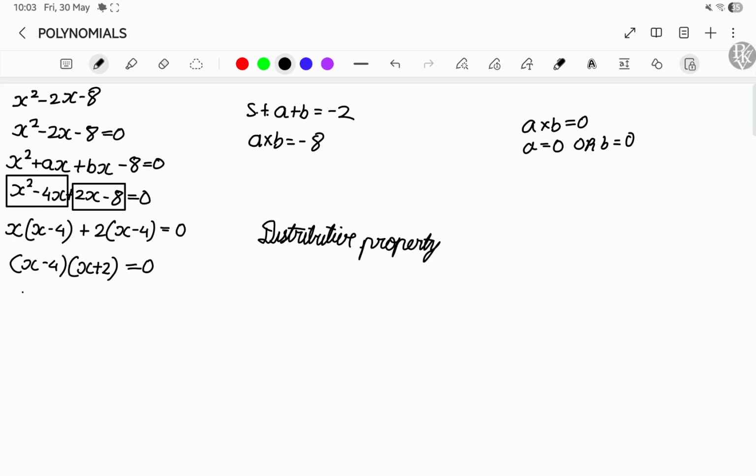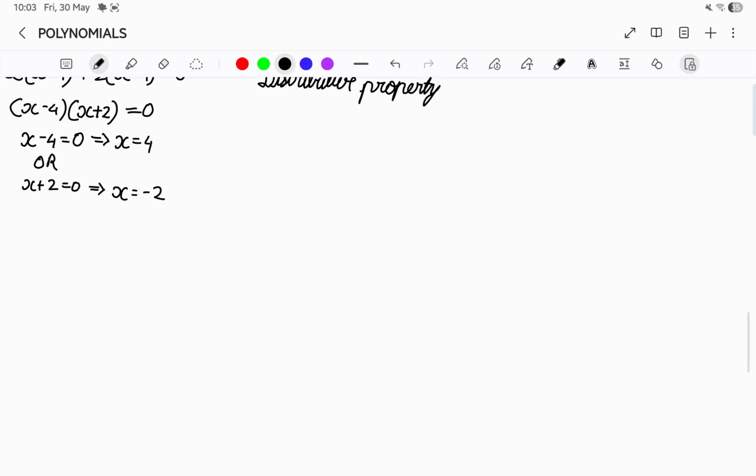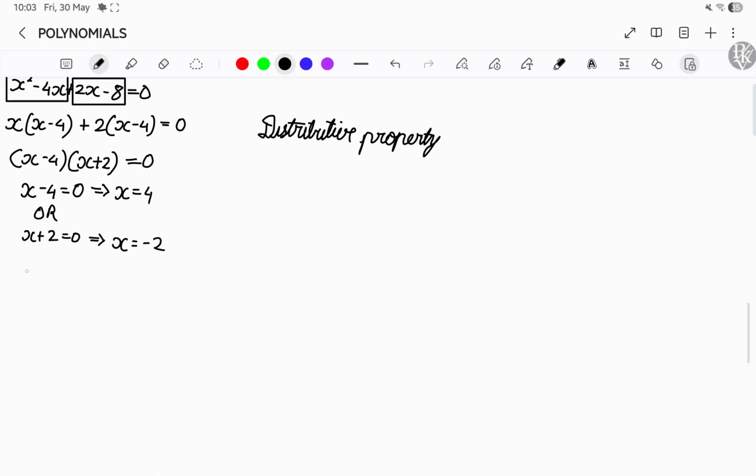Okay, so either x minus 4 is equal to 0 or x plus 2 is equal to 0. Now this would mean that x is equal to 4 or x is equal to minus 2. So alpha we can call 4 and beta we can call minus 2.